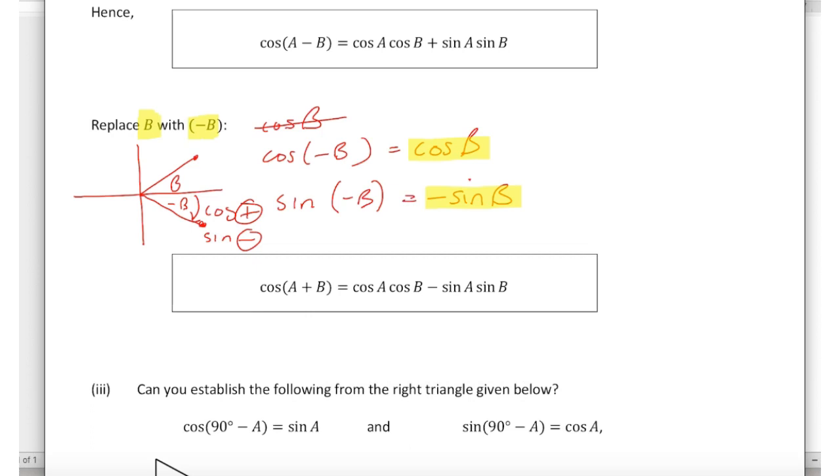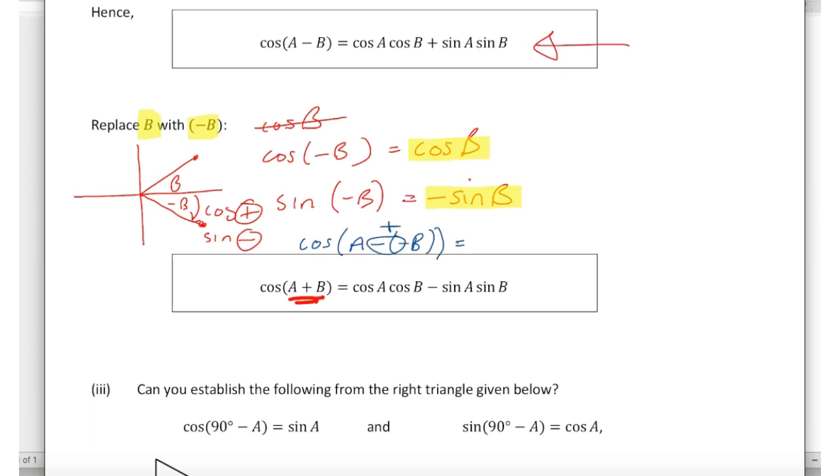So let's have a look at what happens if we had an angle sum instead. We wanted to say the cos of angle A plus B. So let's use our previous identity that we've just formed, but let's change it to cos of A take, and replace the B with a negative B, which is going to make that become a plus essentially.